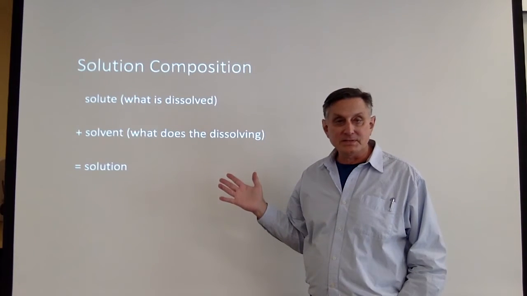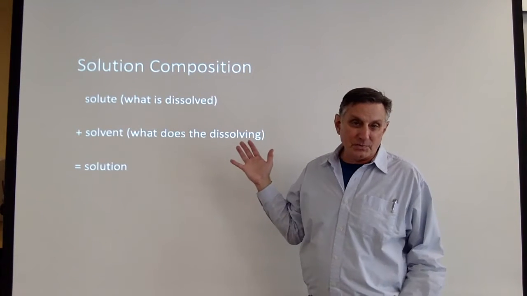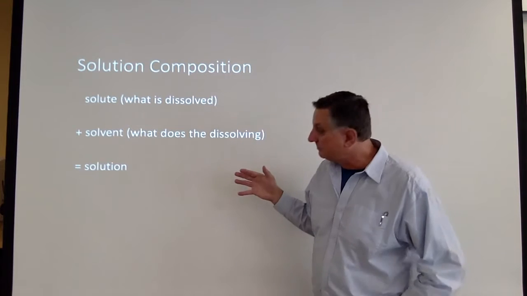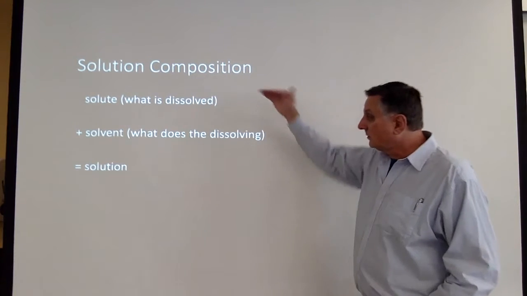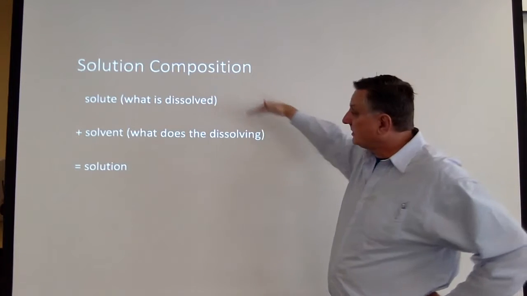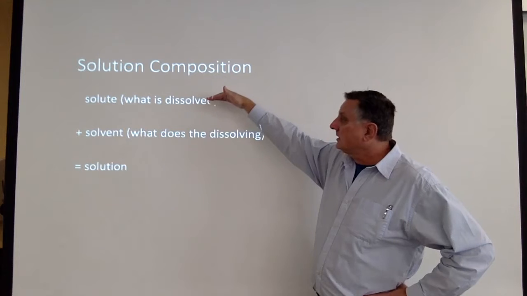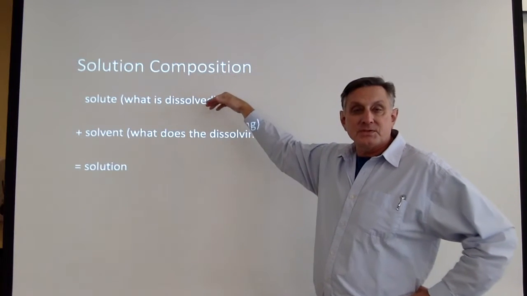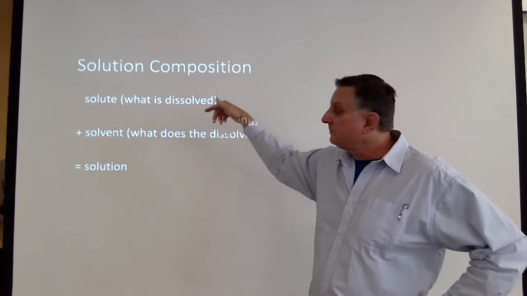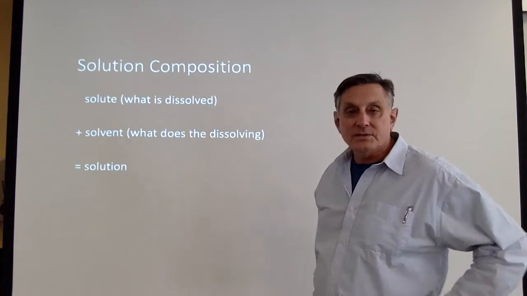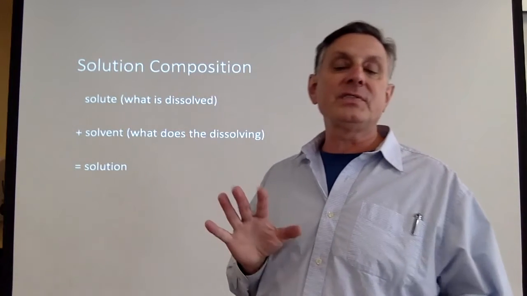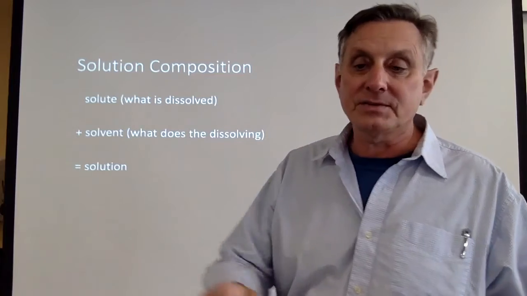This is very simplistic, but it is critical to what we're going to be doing later in class today. Remember that the solute is what is dissolved, and the solvent does the dissolving. The solvent is often a liquid. The solute, for our purposes, will typically be a liquid or a solid. The solution is a combination of both. Treat these as 3 separate things.